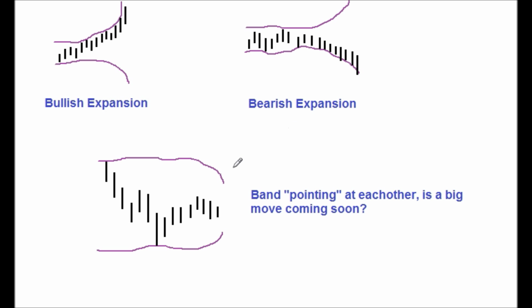And this is a bearish expansion, where the Bollinger Bands will run away from each other, but the price will go down. When you get the bands pointing towards each other, it often means that consolidation is occurring, and you probably will get a big move. This is probably what will happen. They will consolidate, maybe move for a little bit, and then they will expand, and you'll have an explosion. The price will take off either on the upside or the downside.